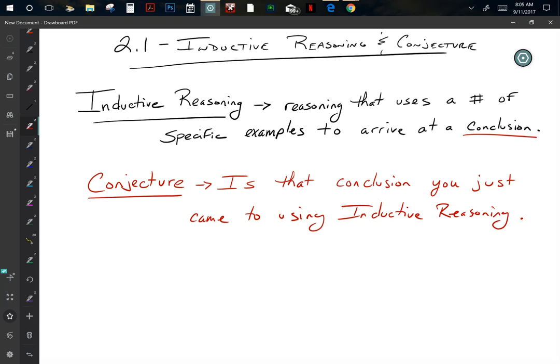What you're going to find in this section is you're going to be doing a lot of things that you do every day, but you don't know you're using inductive reasoning. The most common kind of reasoning there is.